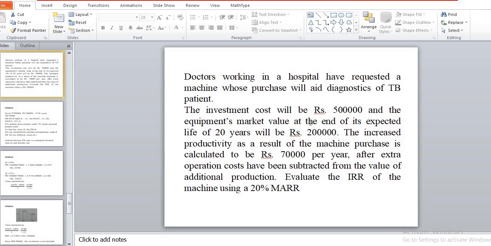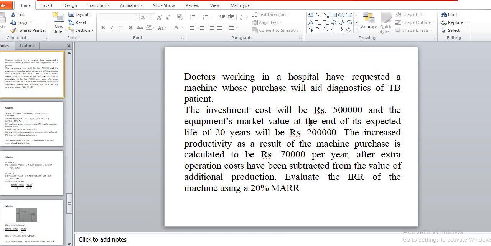The investment cost will be rupees 5 lakh, and the equipment's market value at the end of its expected life of 20 years will be 2 lakh. The increased productivity as a result of the machine purchase is calculated to be rupees 17,000 per year, after extra operation costs have been subtracted from the value of additional production. Evaluate the internal rate of return IRR of the machine using a 20% minimum attractive rate of return.